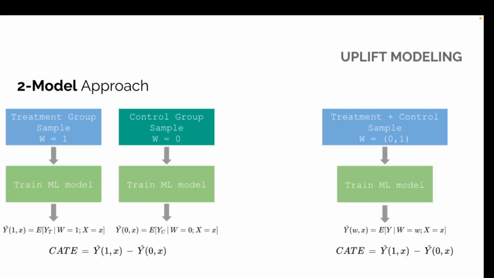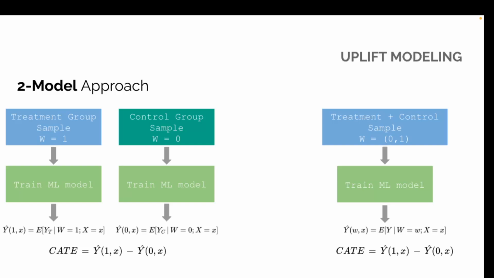You can also combine that in a single model by combining treatment and control samples and adding this W as one of your features. W, as you can remember, indicates whether someone was treated or not. Then I train a model, and I can again compute the KATE by plugging in W1 in the first term and W0 in the second term, with the values of X.